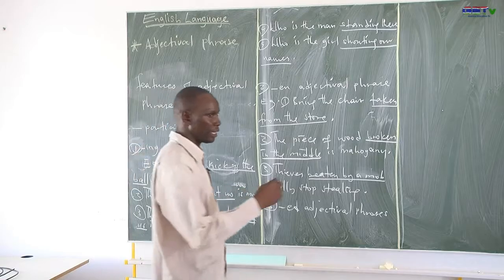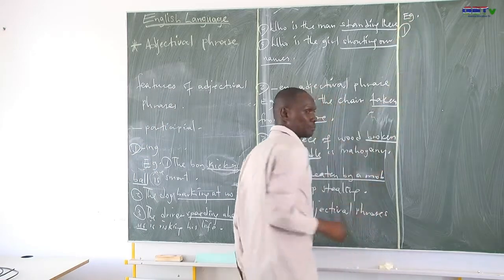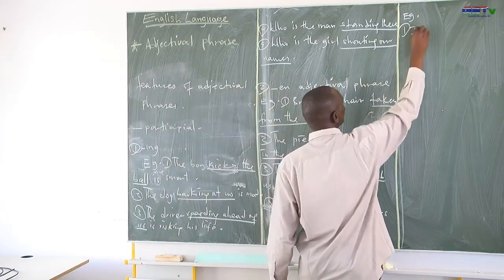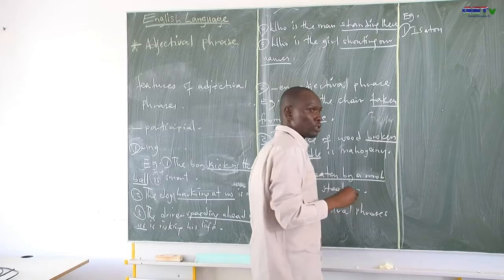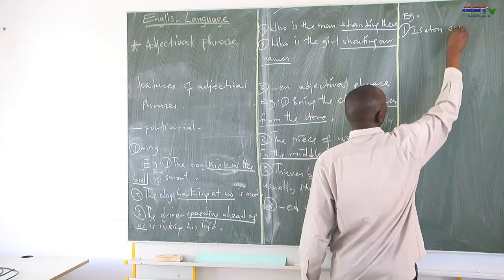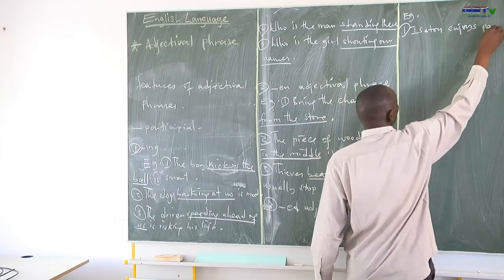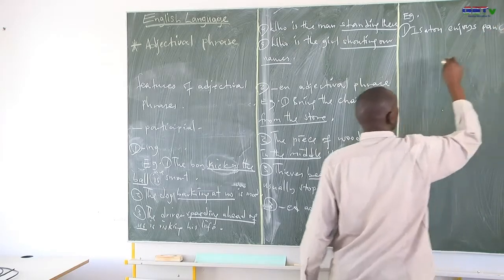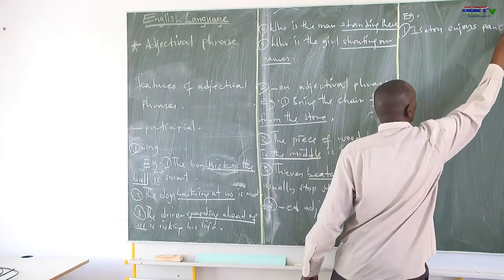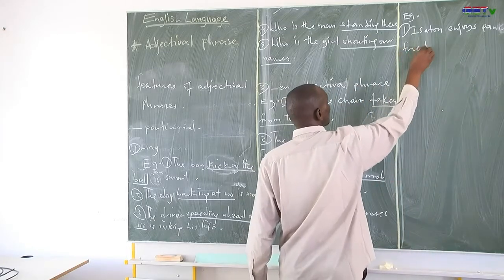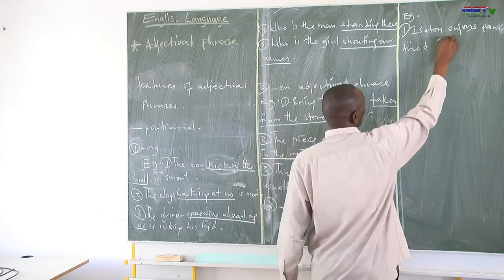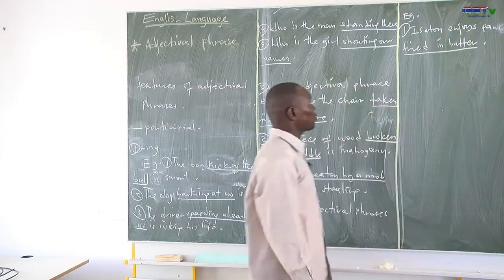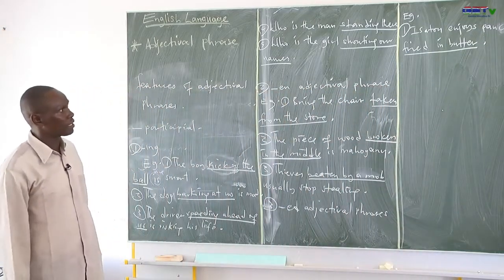Example 1, if we say Aisatu enjoys pancakes fried in butter. Fried in butter is underlined. I said Aisatu enjoys pancakes fried in butter.